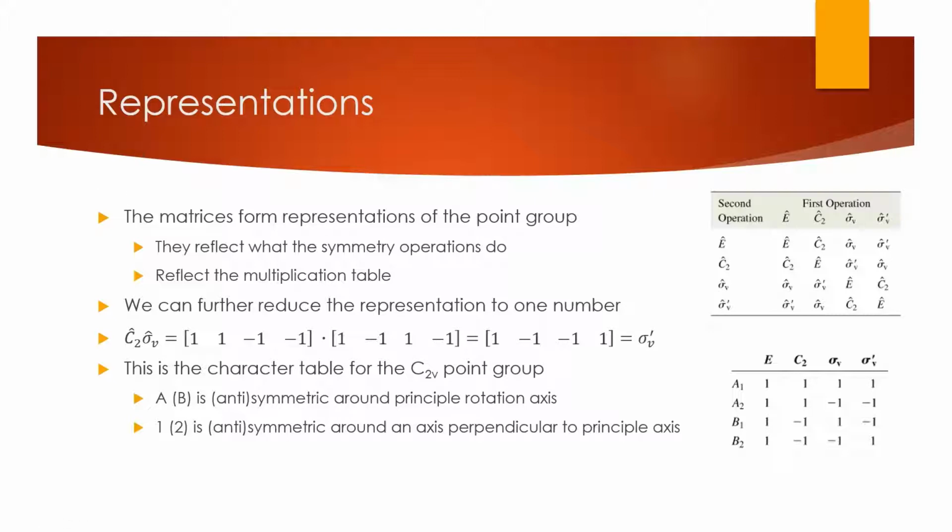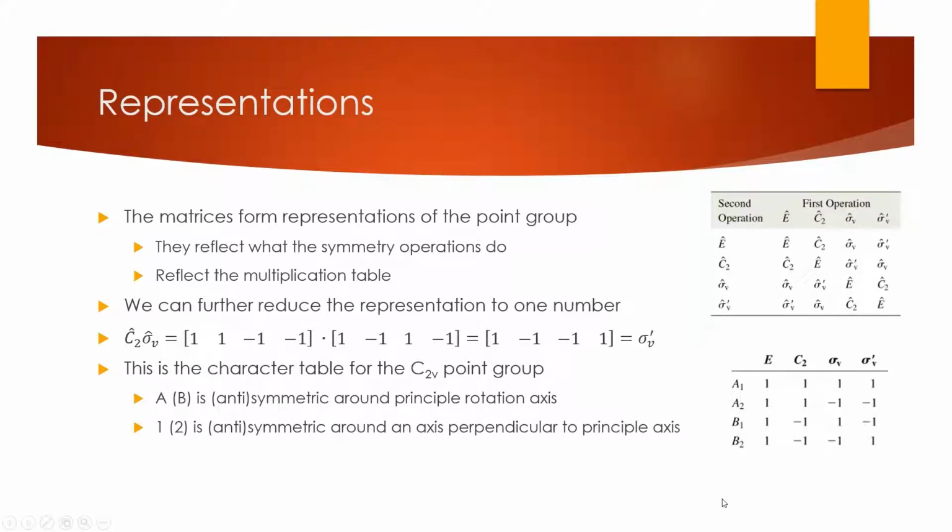Now, what do we do with the next column? So this next column here is E, and E is the identity operator. So the fact that this column is entirely 1, that means that when we do the identity operator on any of these representations, A1, A2, B1, or B2, we don't change the sign.